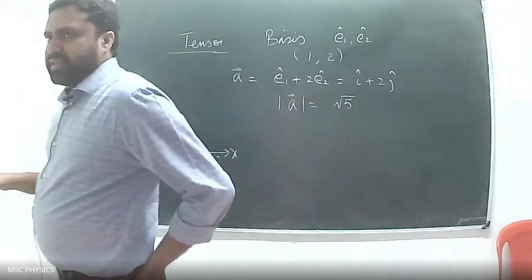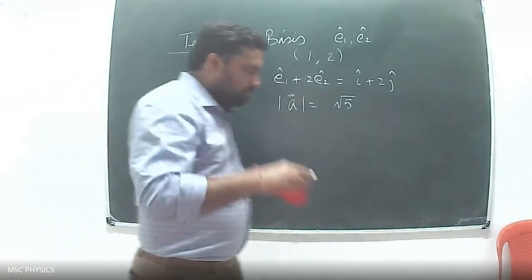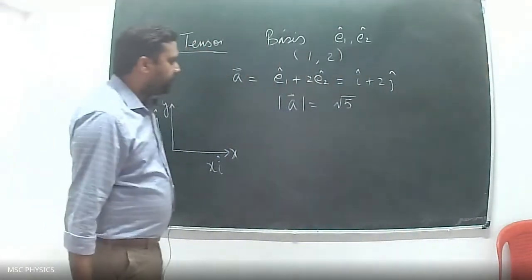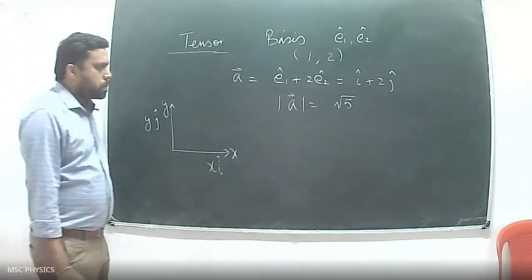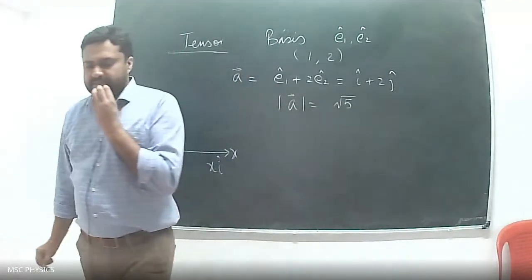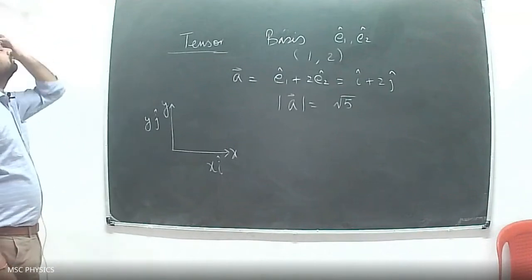Why did you do that? So you said under root of 1 square plus 2 square. Why did you do that? Dot product of vector A with A. Very good.